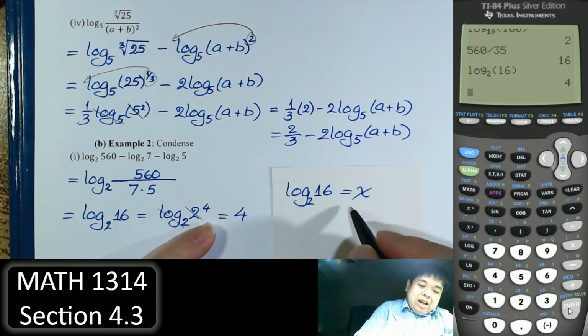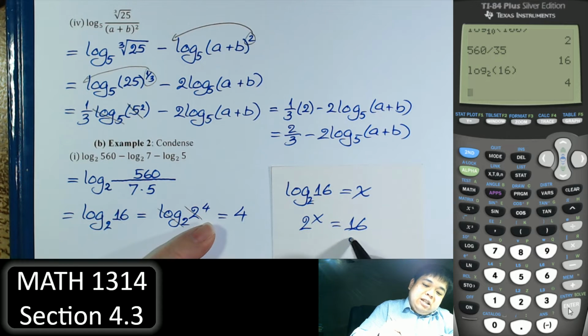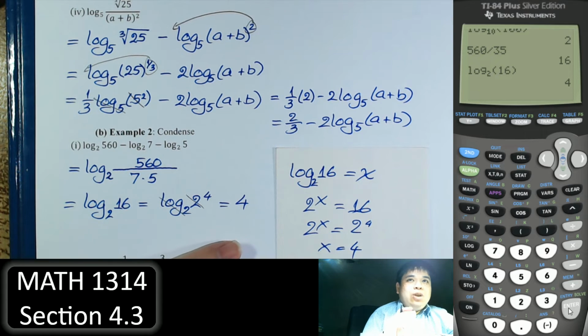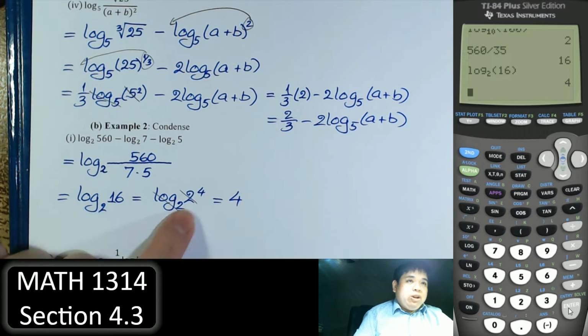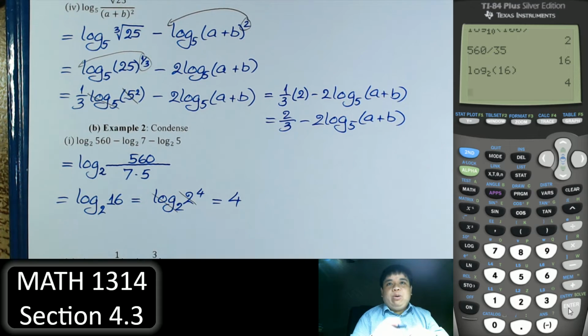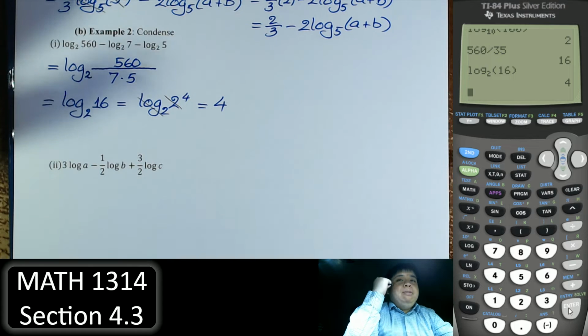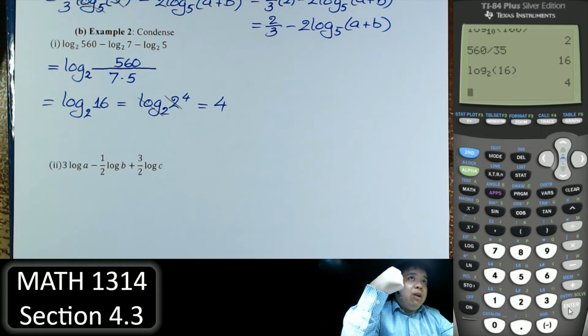Write that equal to x, and then swap: 2 to the x is equal to 16, and then 16 is 2 to the 4th, so x is equal to 4. Right, so that's the definition, from logarithmic form to exponential form. Or we just use the properties, or even the calculator works as well. Right, so if it's on the top, carry the positive coefficient. If it is at the bottom, carry a negative coefficient.